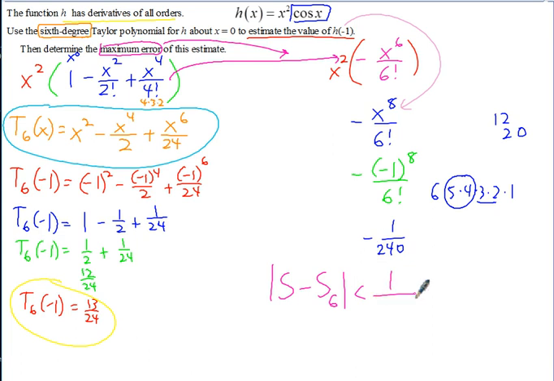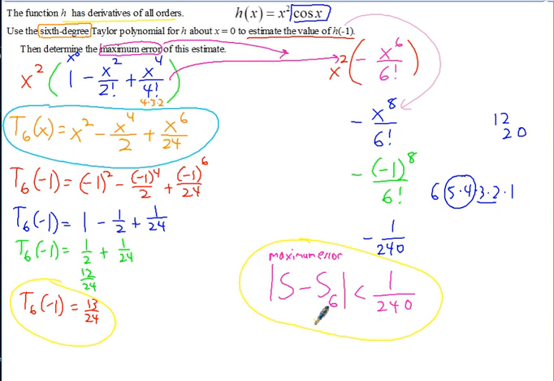So it's going to be less than 1 over 240. We're going to be off by less than that. So the maximum error is what this is saying. This is the standard way of writing it. So again, even with just 3 terms here, we're not off by a lot. The most we can be off by is 1 over 240. It's going to be less than that.